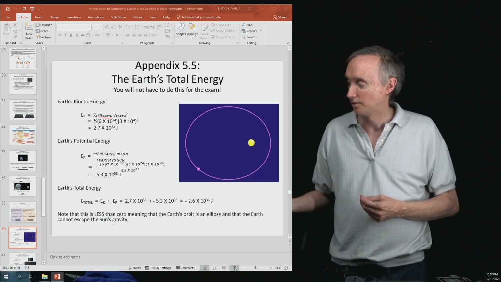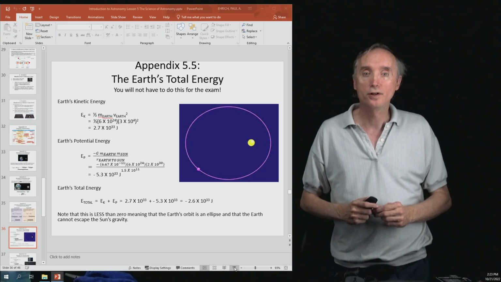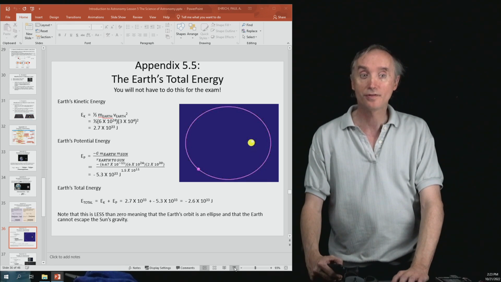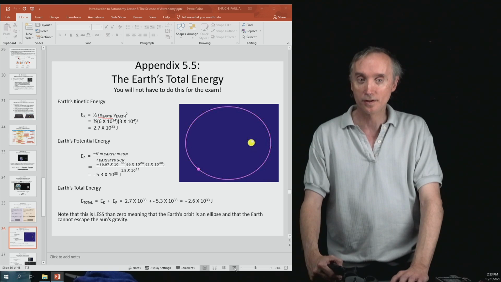It really is. And then here's one where we're going to calculate the total energy that the Earth has as it goes around the sun. So I looked up on the internet and I found out what's the speed of the Earth as it goes around the sun. And then I looked up and I found out how far away is the Earth from the sun.